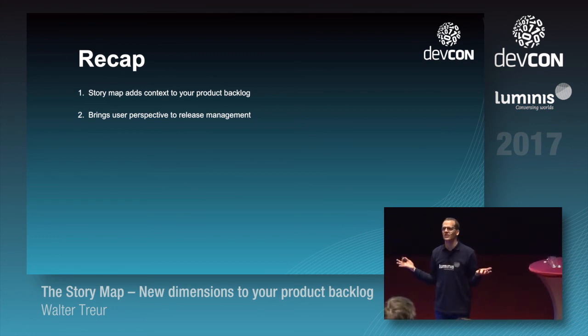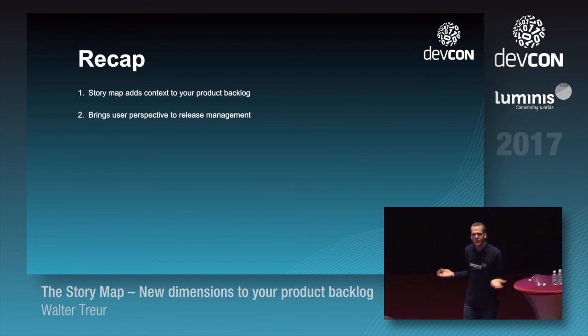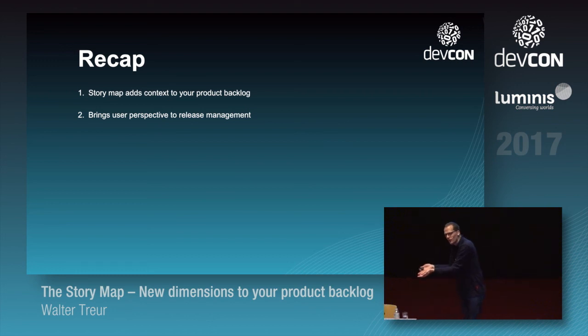I know that Jeff Sutherland once said, nobody wants user login, bring in the dollars, which basically says, focus on the most key feature of your application first, and the user login is something we want to do later. But as we have seen, user login is something the user needs eventually. So at some point, you have to release something that makes sense to your user. So the user story map helps.